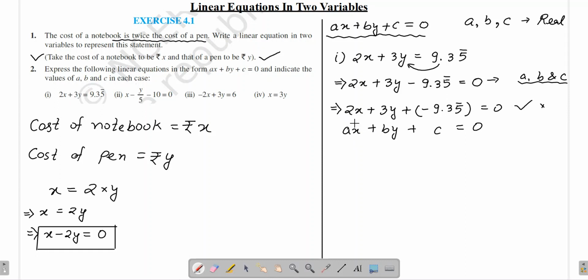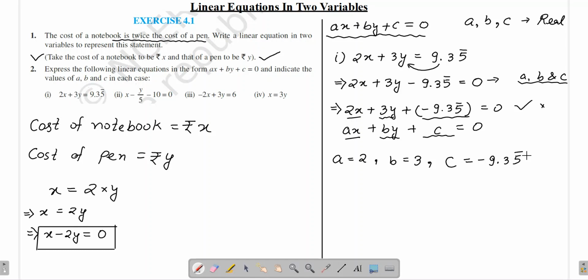So if you compare the first term and the first term, x is common. Comparing them, we will be getting a as 2. Now if I compare this and this, I will be getting b as 3, and in the same way over here, if you compare this and this, it gives us c as minus 9.35 bar.